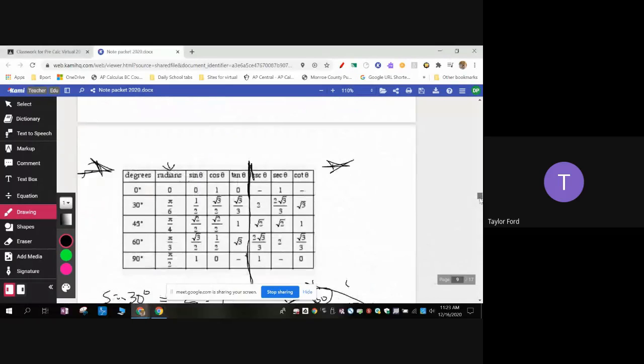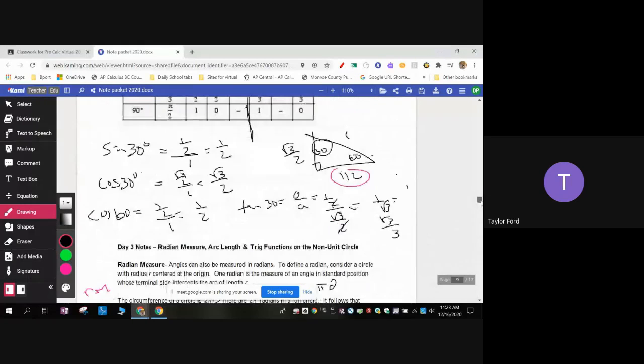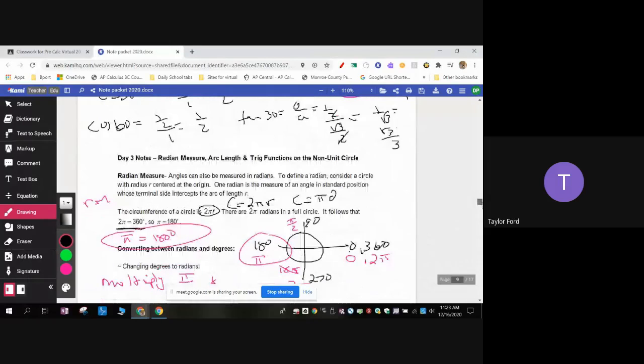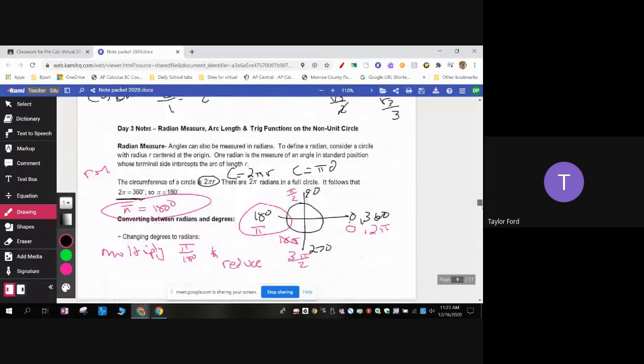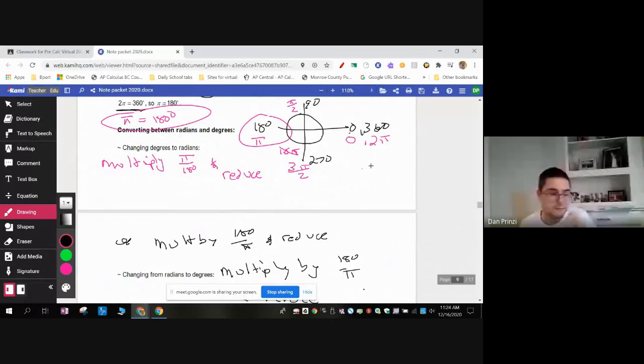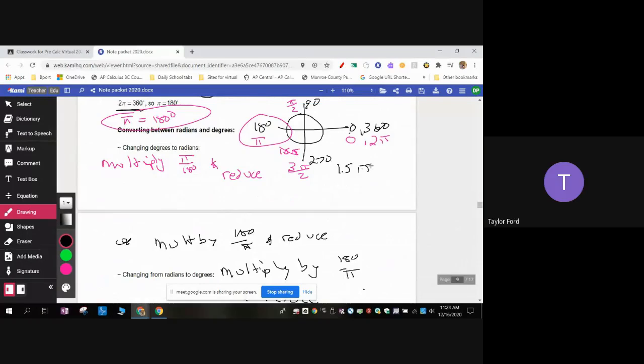It was right where you were. Right here? Yeah, right there. Okay. Wait, what is that? Does it say 3 pi over 2? Yes, 270 is the same as 3 pi over 2. Yep. 3 pi over 2 is the same as 1.5 pi. One and a half. Yeah.